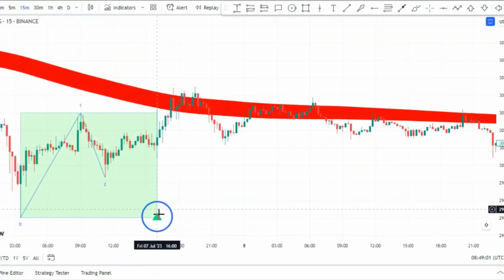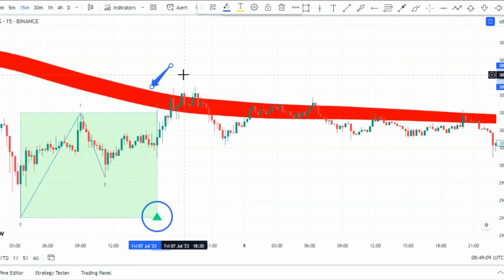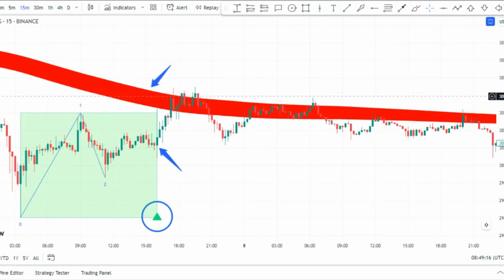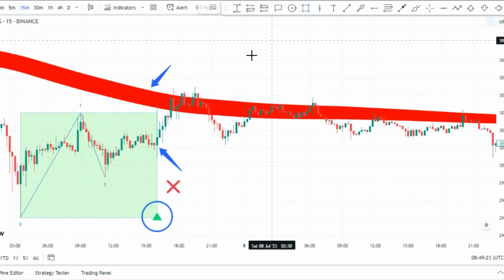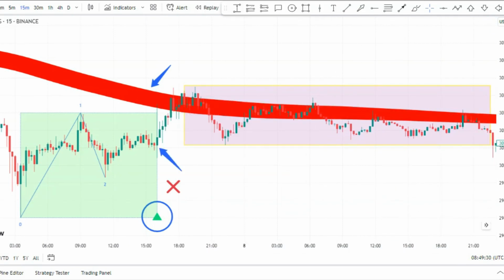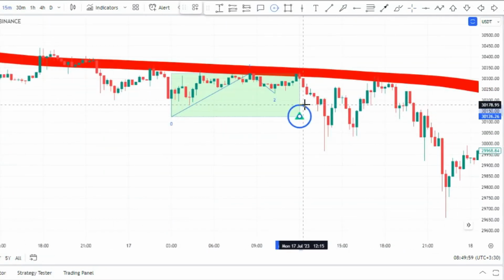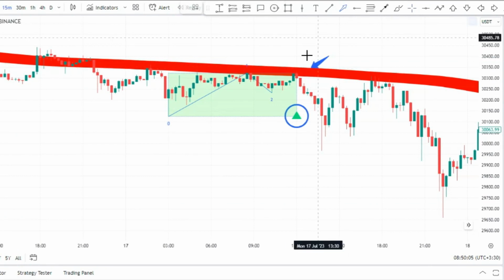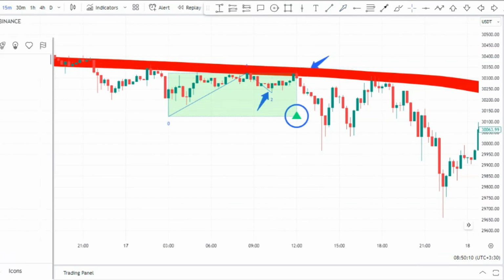In the following case, during a downward trend, a buy signal is generated, but it's not valid and gets removed. The same conditions apply in the next example, and the signal gets filtered out again.